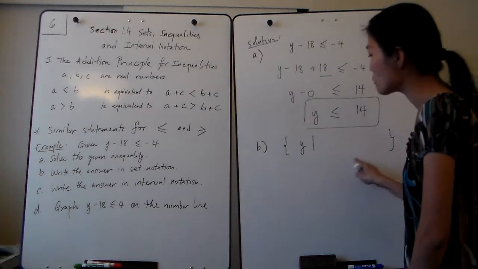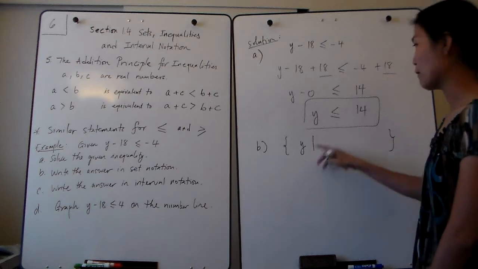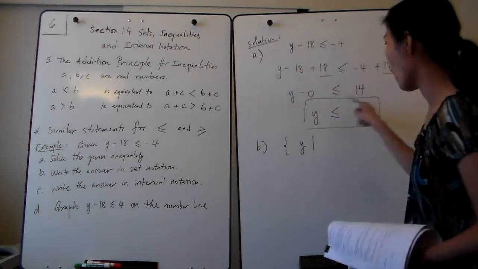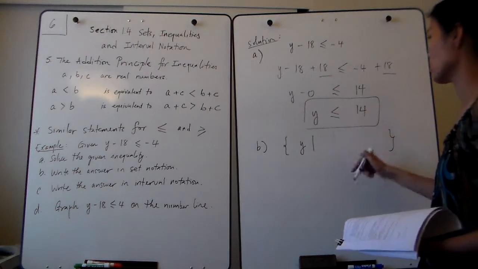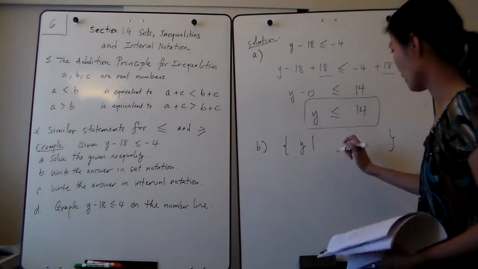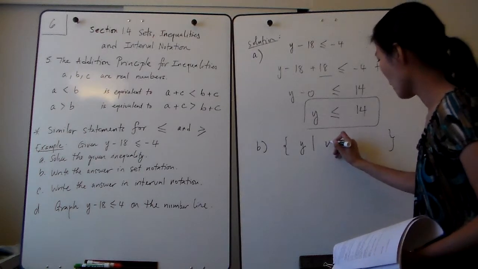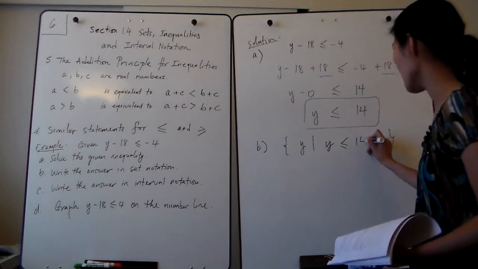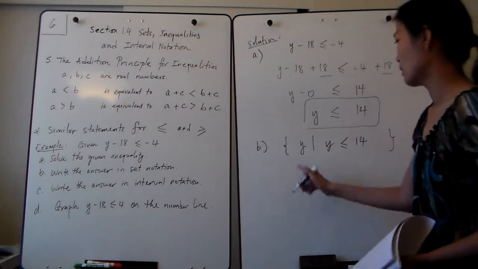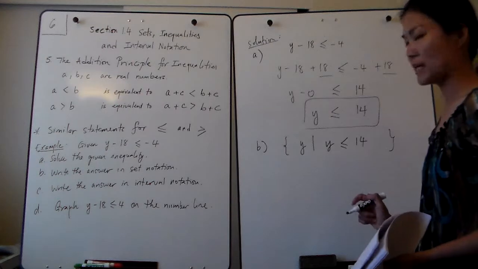You need to give a description of y. And we know from part A, right? We solved for y, and y is less than or equal to 14. So you just copy this answer right here. y less than or equal to 14. Okay? So this is the answer for part B. Write the solution in set notation.